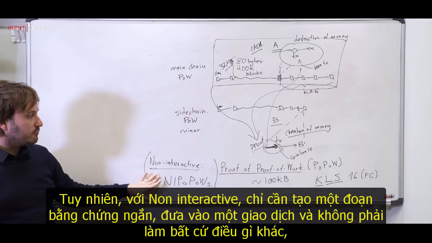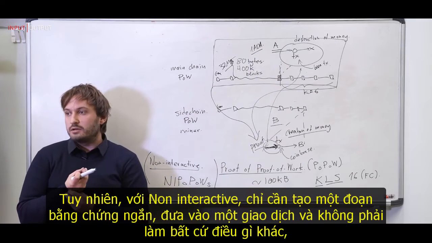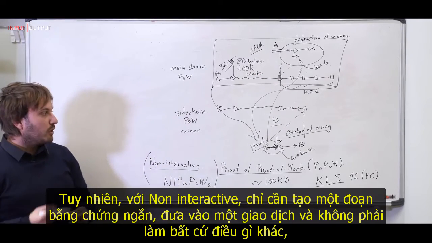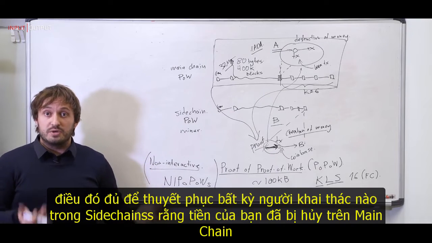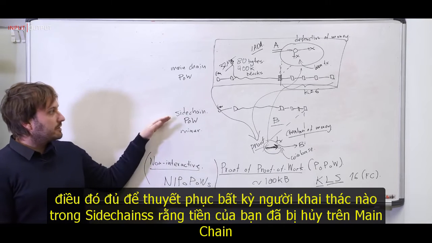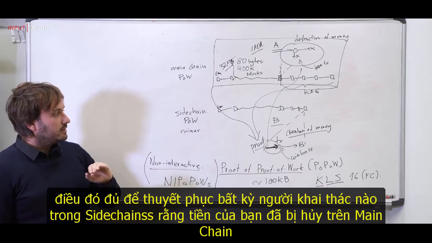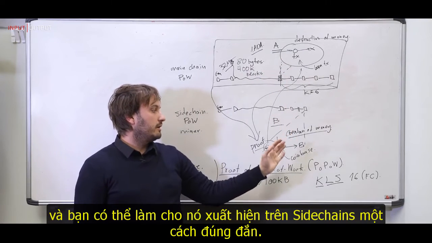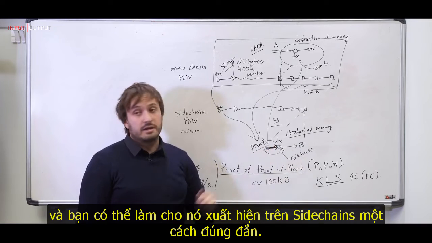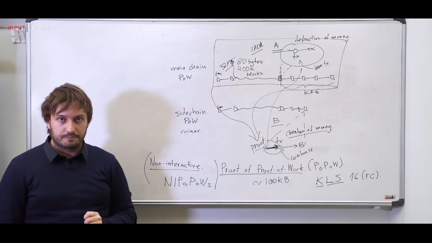However, with non-interactive ones, you just create a short file, a piece of proof, and you post it in one transaction, and you don't have to do anything else. It should be sufficient to convince any miner on the sidechain that your money has been destroyed on the main chain, and rightfully you can make it appear on the sidechain.